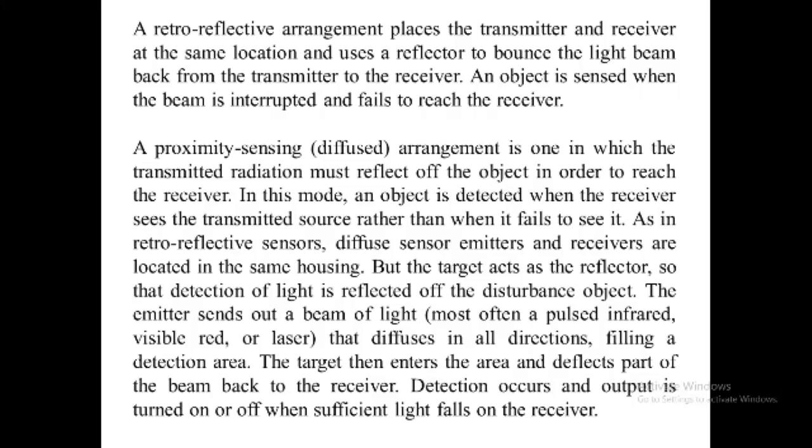The emitter sends out a beam of light that diffuses in all directions, filling a detection area. The target then enters the area and deflects parts of the beam back to the receiver. Detection occurs and the output is turned on or off when sufficient light falls on the receiver system.